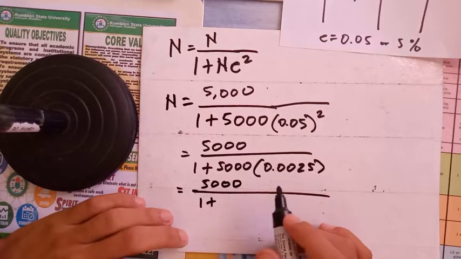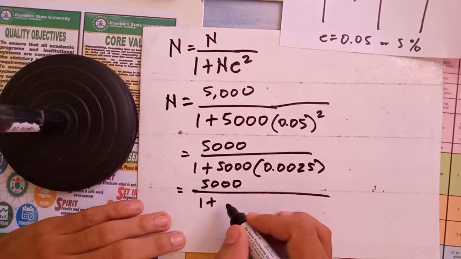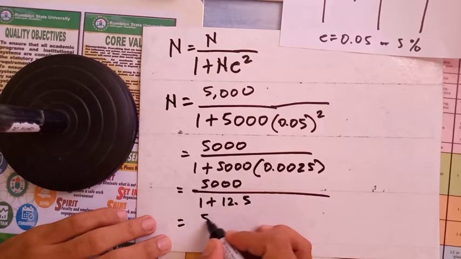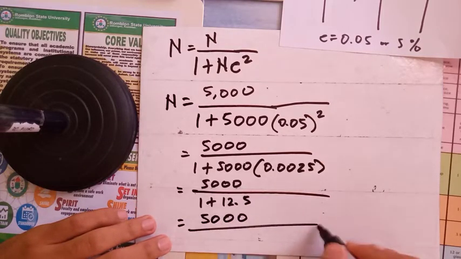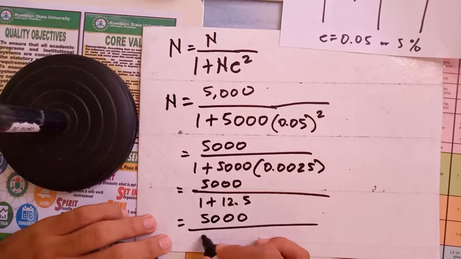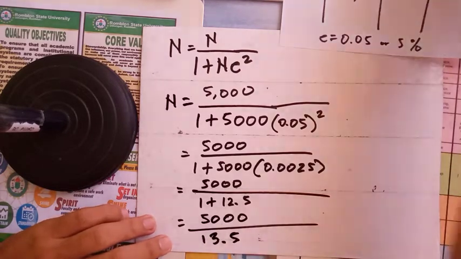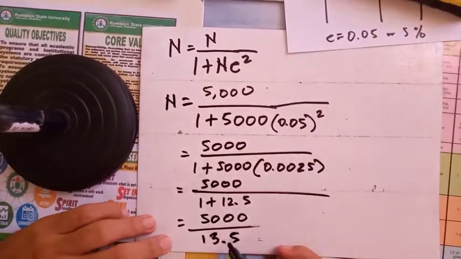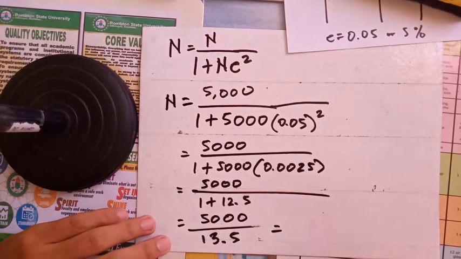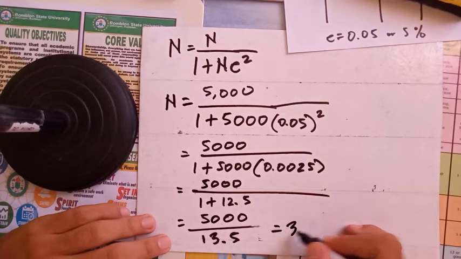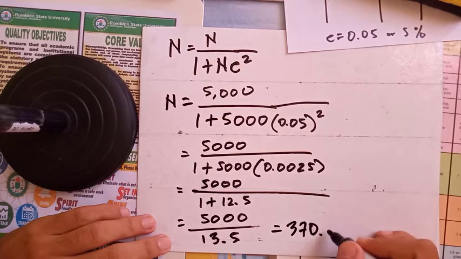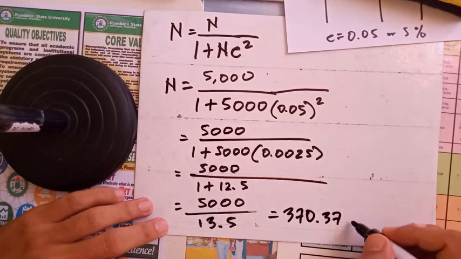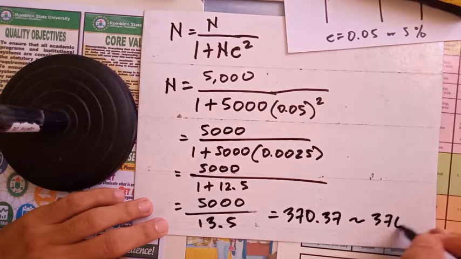0.0025 times 5,000 would be equal to 12.5. So we have here 5,000 over 1 plus 12.5, which would be 13.5. 5,000 divided by 13.5 would be 370.37, or rounded off, that would be 370.